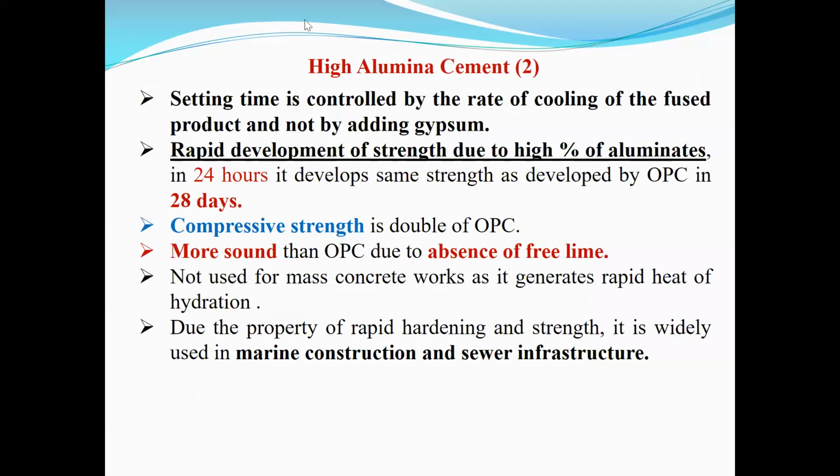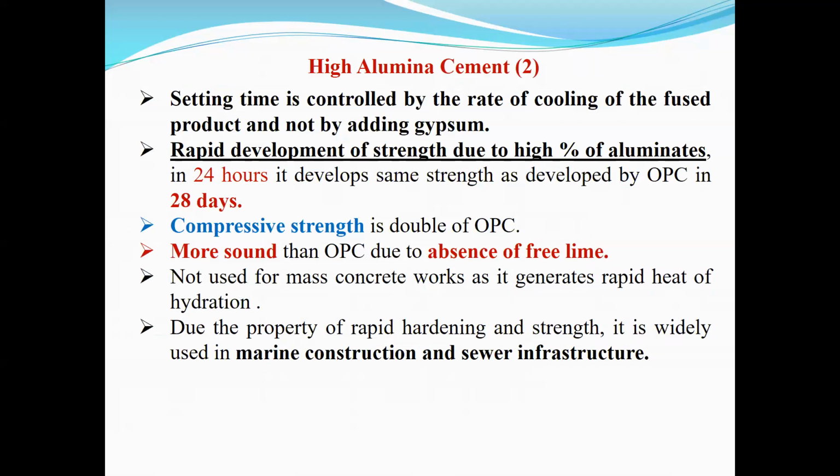And in the case of high alumina cement, the setting time is controlled by the rate of cooling of the fused product, not by adding gypsum. You know, gypsum is added to retard or slow the setting action. Here, you don't use gypsum, because here you control the rate of cooling, okay?